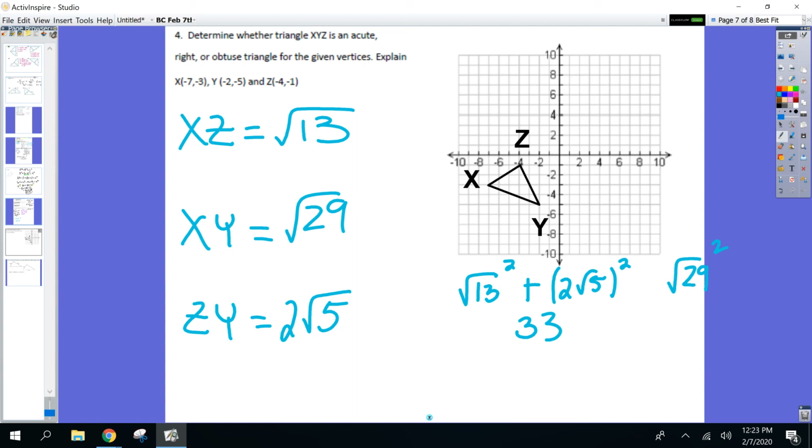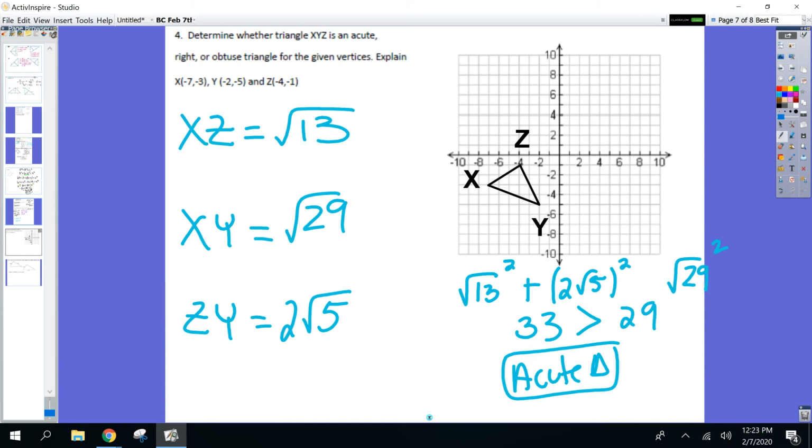Both periods before gave me 23 because they can't add. And then radical 29 squared is 29. What was bigger, the legs or the hypotenuse? Legs. So if the legs are bigger, this is an acute triangle. Okay, acute. And then we just got one more.